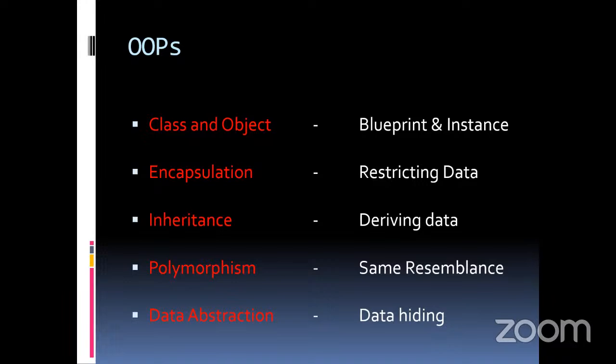Here, these are all the OOPS concepts mentioned in red color: class and object, encapsulation, inheritance, polymorphism, data abstraction. These topics come under the OOPS concepts. If the language satisfies these topics, then that language is called an object-oriented programming language.